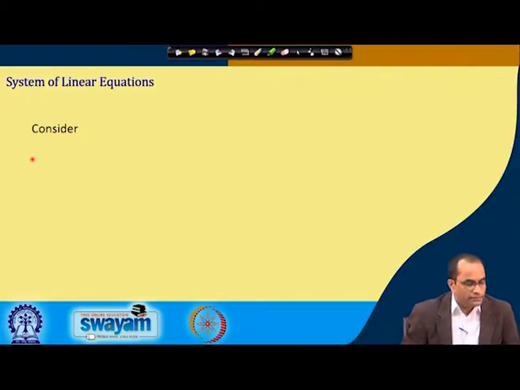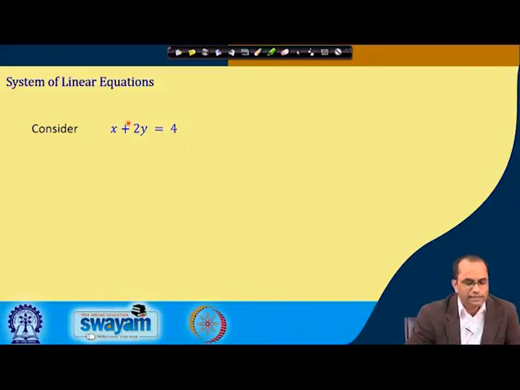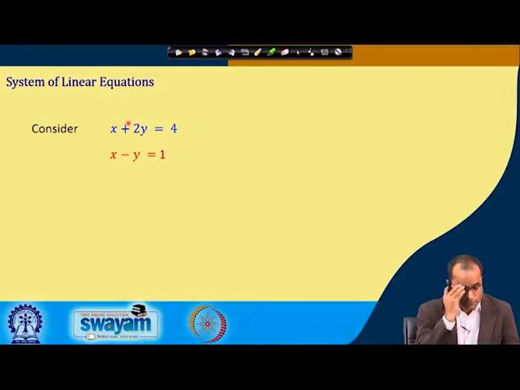Let us take a simple example. We have x plus 2y is equal to 4, one equation, and one more equation given by x minus y is equal to 1. Considering these two equations, the geometrical interpretation will be very easy, and then we can generalize the concept for more variables.